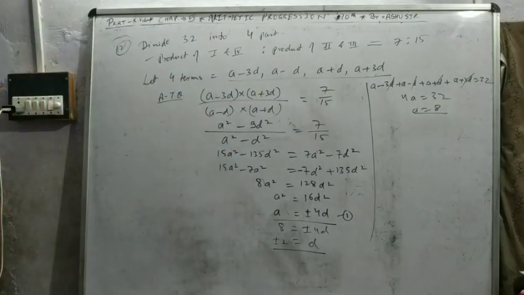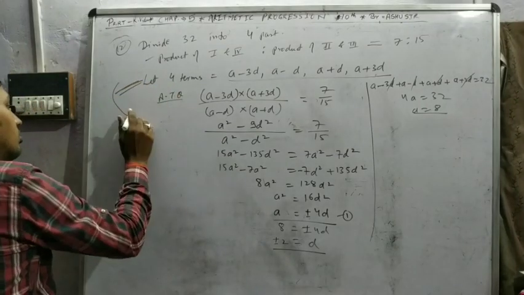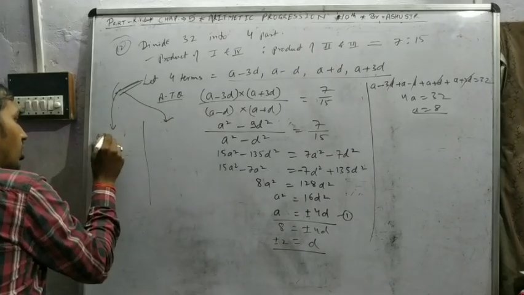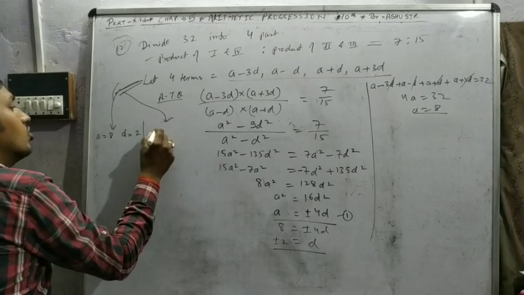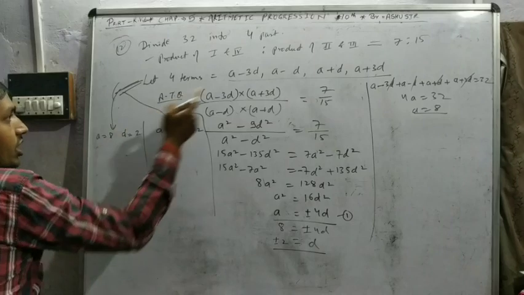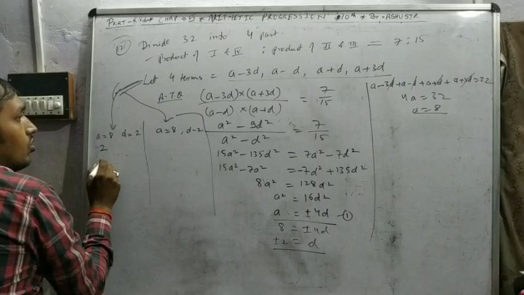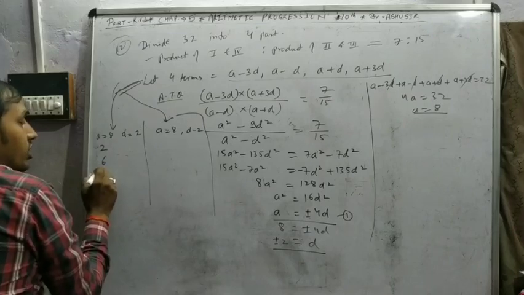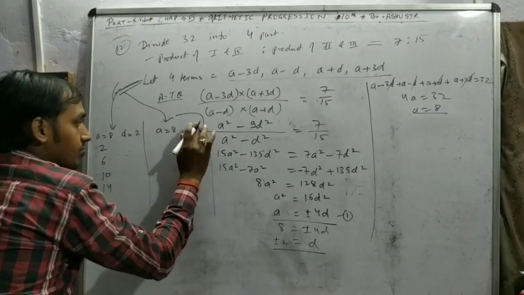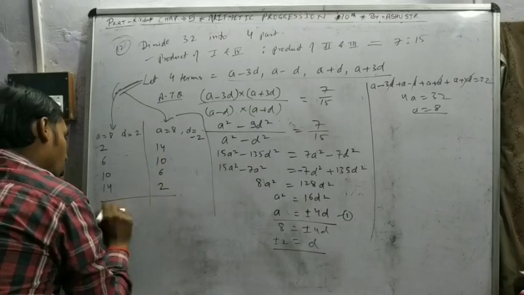So a is 8 and d is plus minus 2. Taking d as 2: 2, 6, 10, 14. With minus d: 14, 10, 6 and 2.